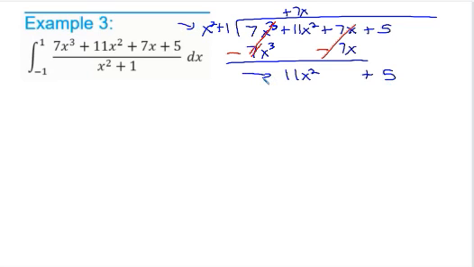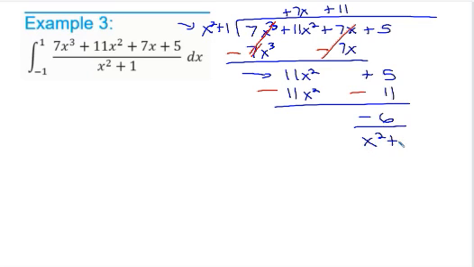And that's 11. So I need a plus 11. So I multiply, and I have 11x squared plus 11. I'm going to change my signs. So this is going to be a minus and a minus. And I'm going to have a negative 6 here. Negative 6 is my remainder.